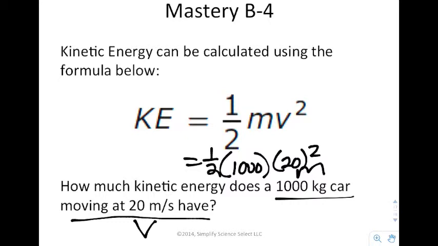So at this point, I would get my calculator, and I would say 1/2 or 0.5 times 1,000 times 20 squared, and that ends up giving me a value of about 200,000 joules. So we'll say 200,000 joules.